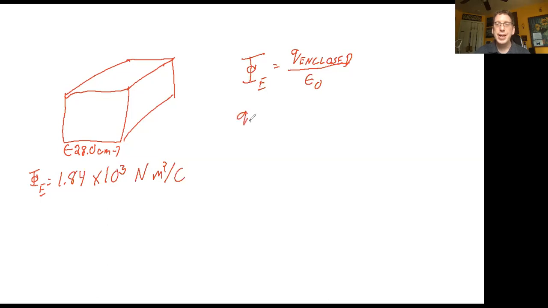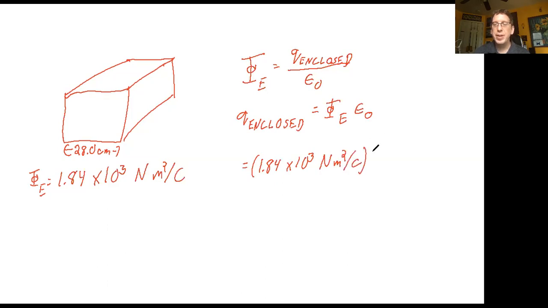So Q enclosed is equal to the electric flux, which we've been given, multiplied by epsilon naught, which is a constant. So that's equal to 1.84 times 10 to the 3 Newton meters squared per Coulomb, multiplied by epsilon naught, which is 8.85 times 10 to the negative 12 Coulomb squared per Newton meter squared, in SI units.